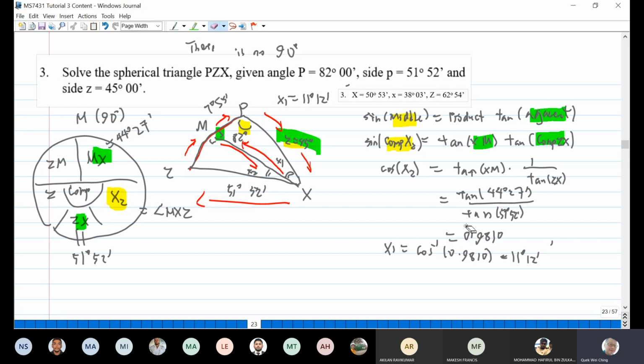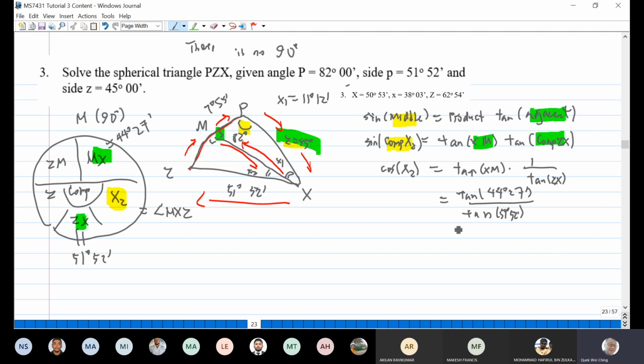Okay, let's find out X2 now. Tangent 44 degree 27 minutes, divided by tangent 51 degree 52 minutes. Okay, this is 0.7701.